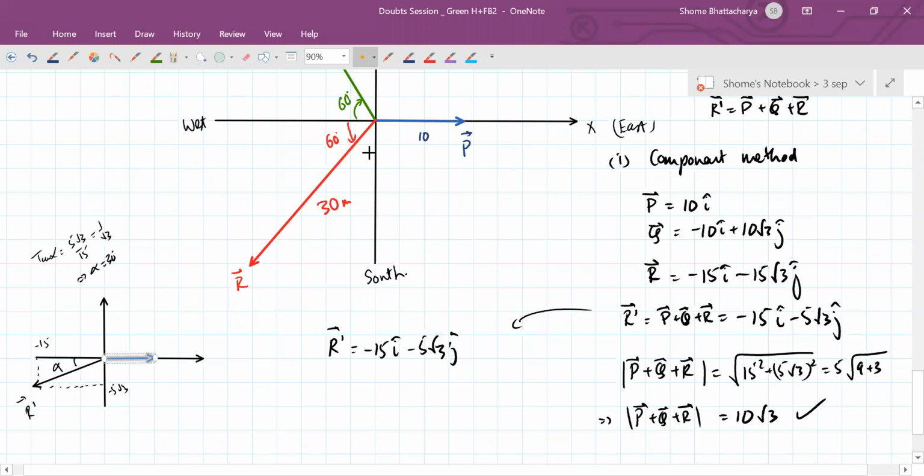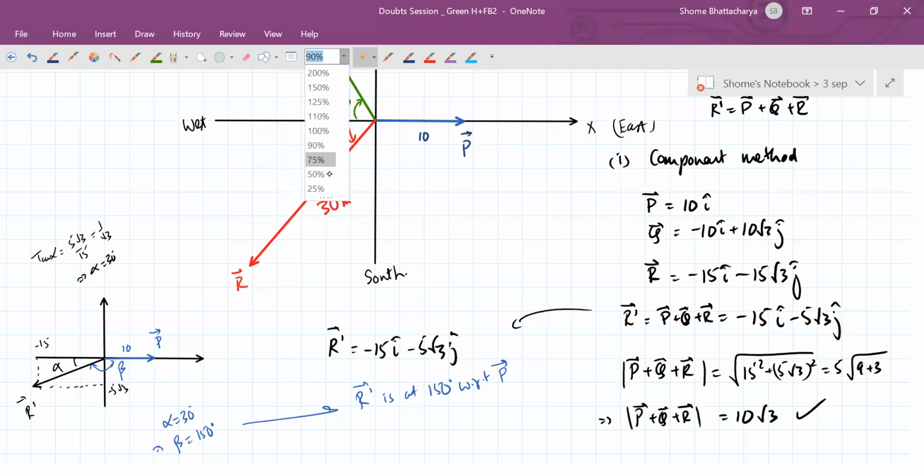From here you can see this angle, let's say this is beta. So alpha is 30 degrees, which means beta is 150 degrees. Therefore, R prime is at 150 degrees with respect to vector P.